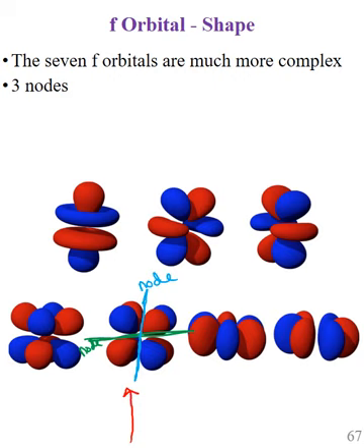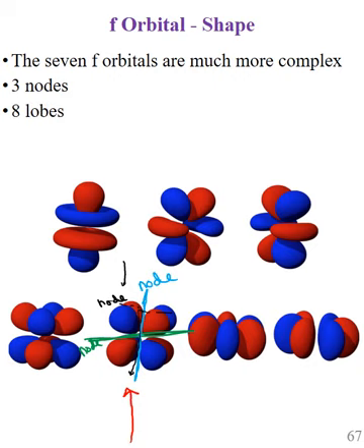Now, it's a little hard for me to draw it, but think of a sheet of paper coming straight down here. So you can cut it right through here, all the way down. So you have another node here. Therefore, you have a total of 3 nodes. You should be able to draw this, or at least tell me how many nodes there are. And when I say draw it, you should be able to draw where the nodes are.